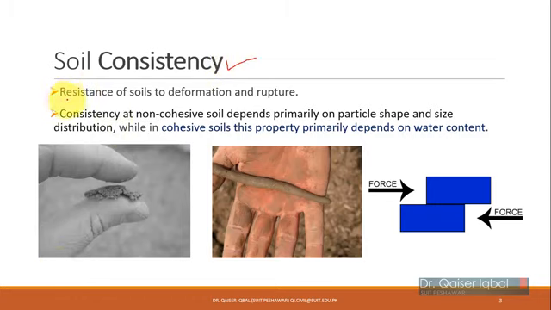Consistency is basically the resistance of soils to deformation. If you try to deform a soil by applying a shear load, in this case, one force is applied in this direction, another force is applied in this direction. This is called shearing force. In this case, you can see that there will be some resistance at this surface.